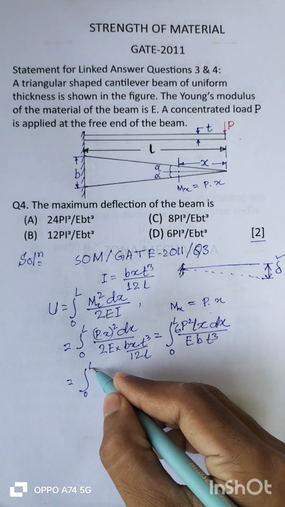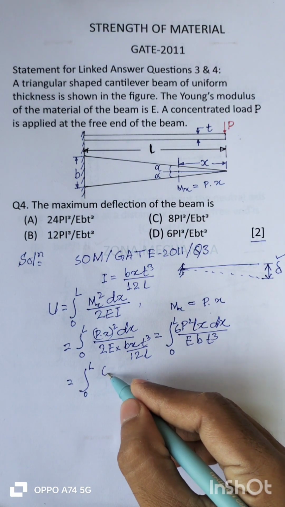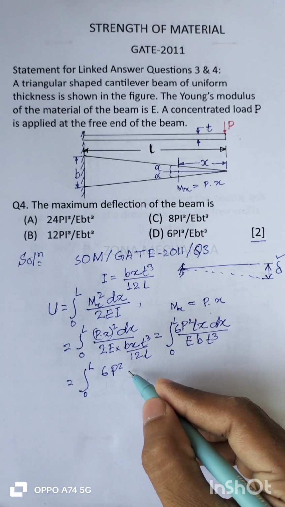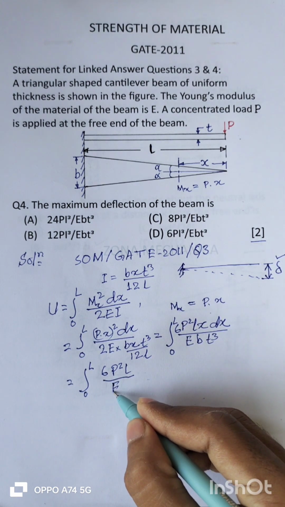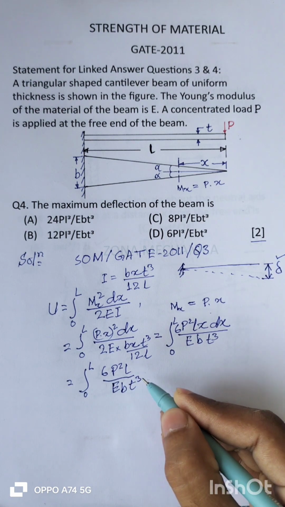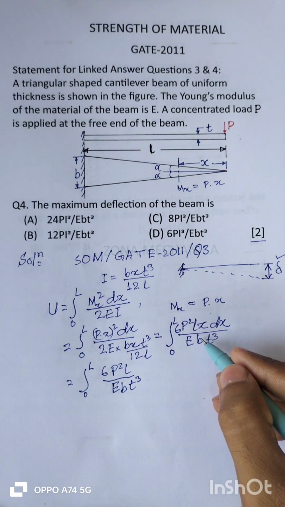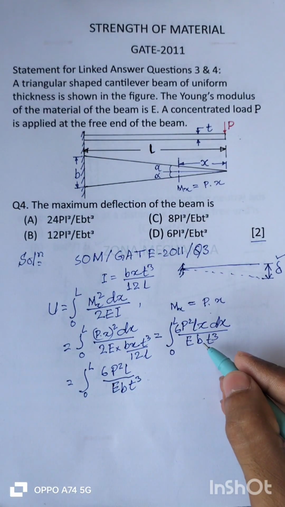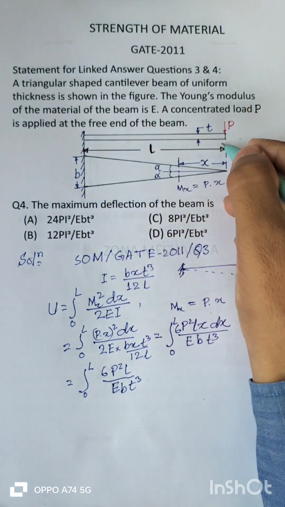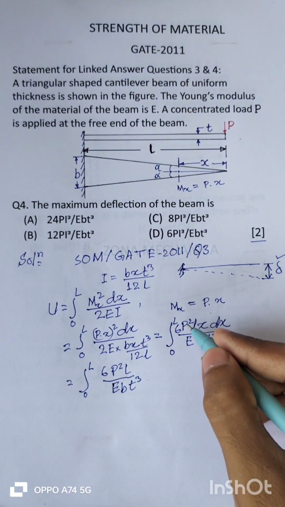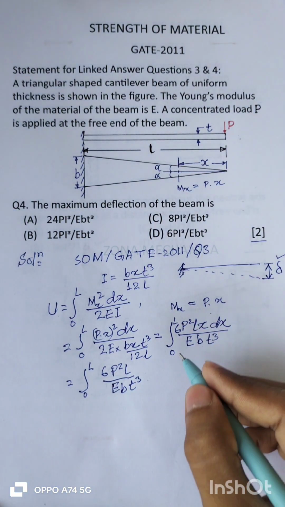Therefore, from 0 to L, 6 P square L by E b t cube. All these are constants, right? E is constant, b is the width of the beam which is constant, t is the thickness which is constant, L is the length of the beam which is also constant, and P is also constant.